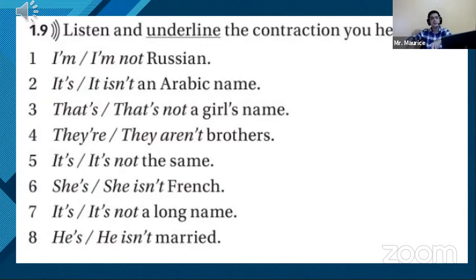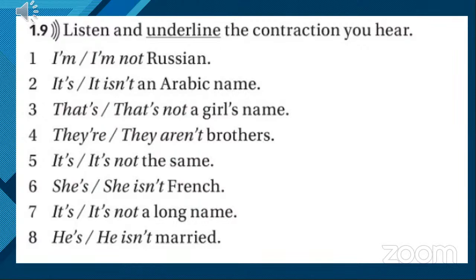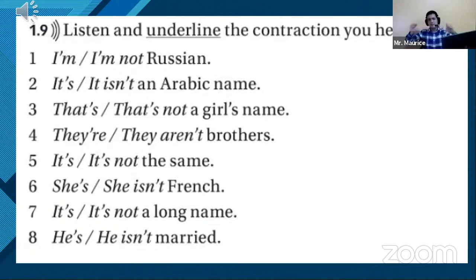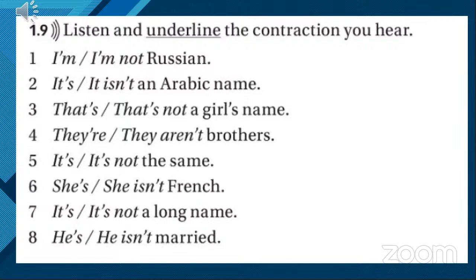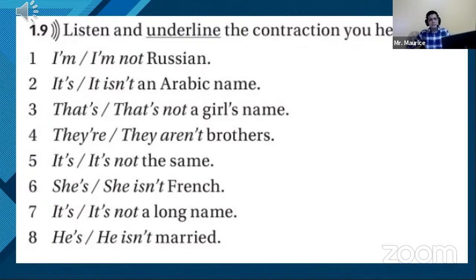En negativo sí. That's perfect. Number 2, Miss. Number 2 is an Arabic name. Okay, but speak. It or isn't. It isn't, perdón. Okay, it isn't an Arabic name.